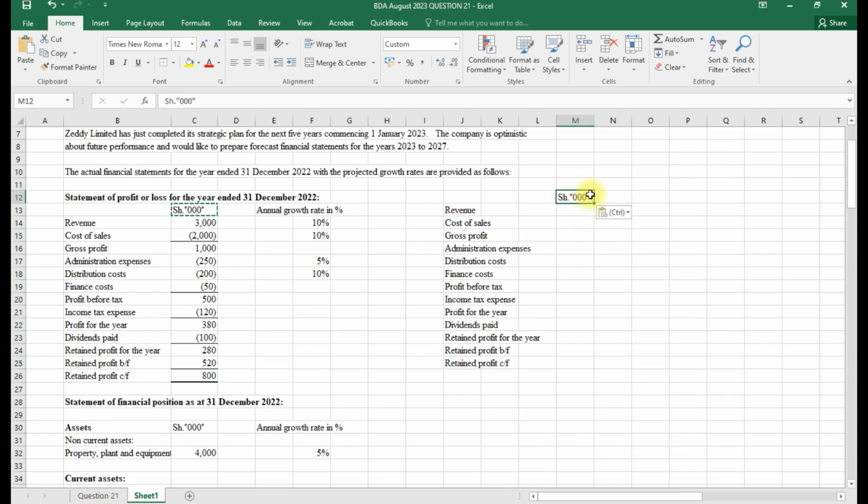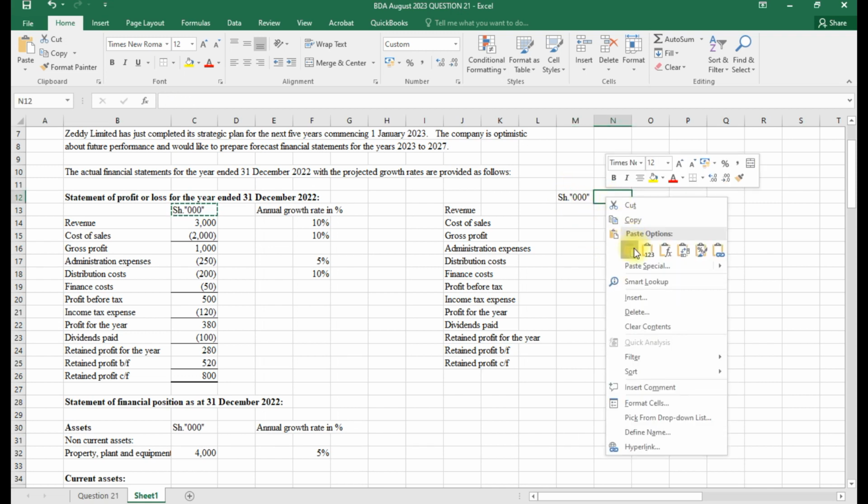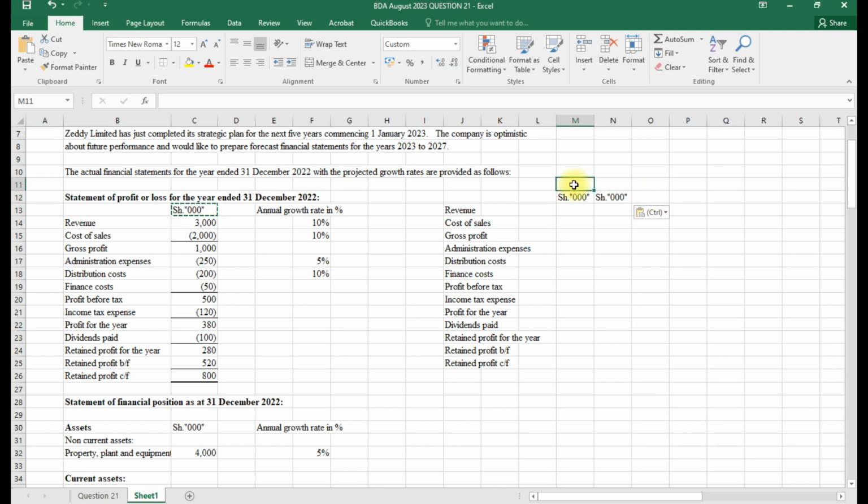Paste it there, paste it here. So this will be 2023, 2024, 25, 26 and 27.